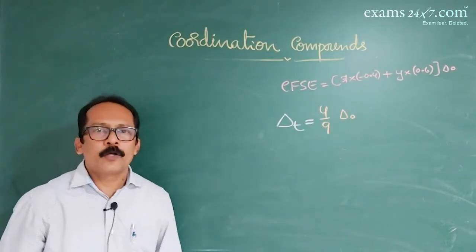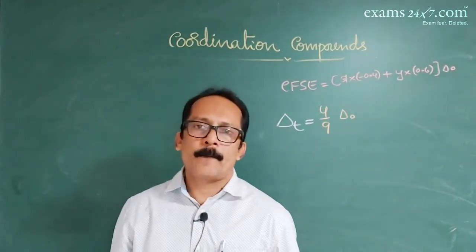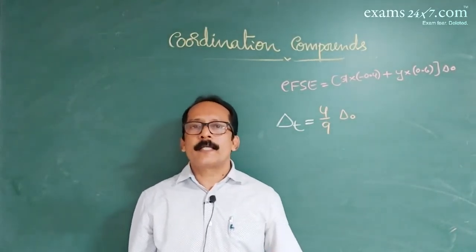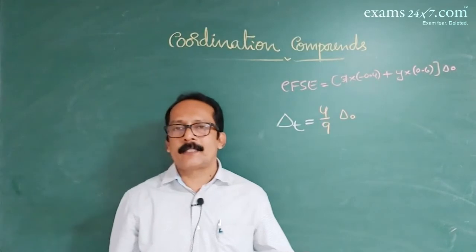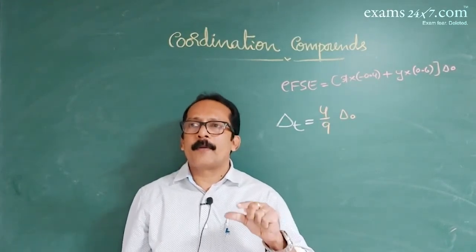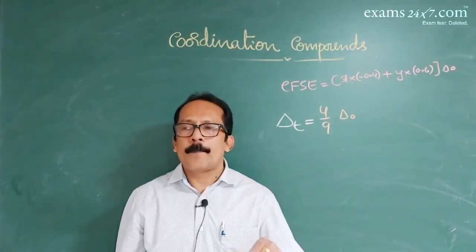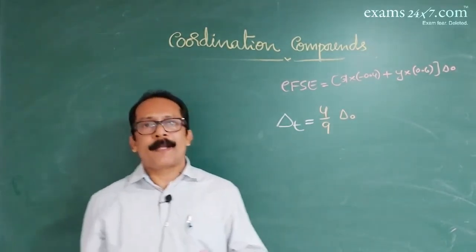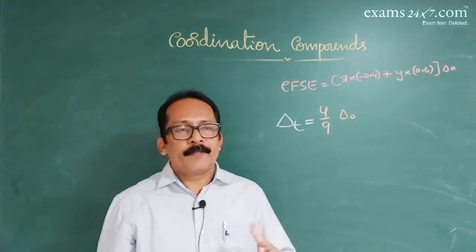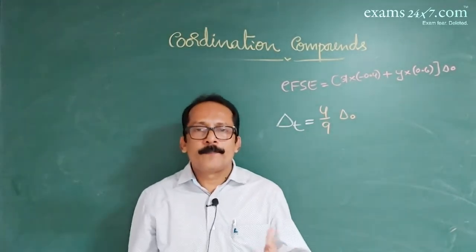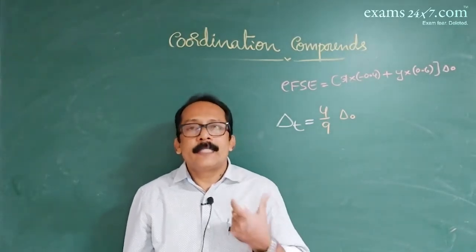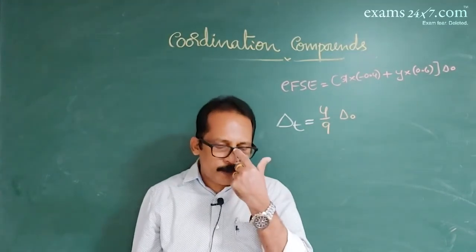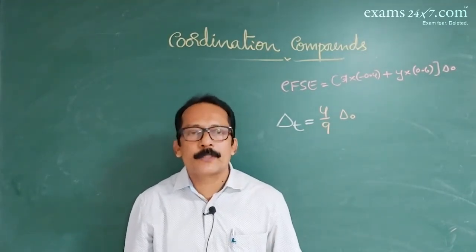Now, quickly moving on to the stability of coordination compounds. Stability depends on the charge on the central metal ion. Greater the charge, greater is the stability. For example, ferro and ferri: the complex compound with the ferric ion is more stable. Similarly, it also depends on the nature of the ligand. If the strength of the ligand is more, the compound is more stable.